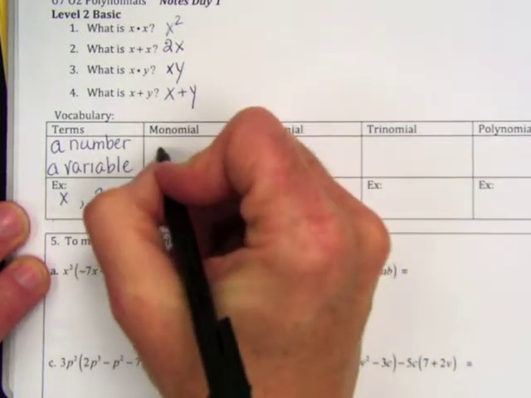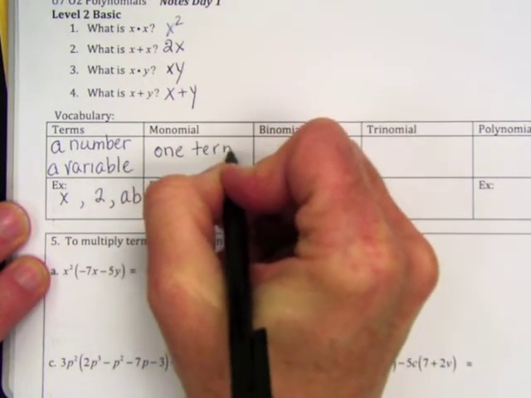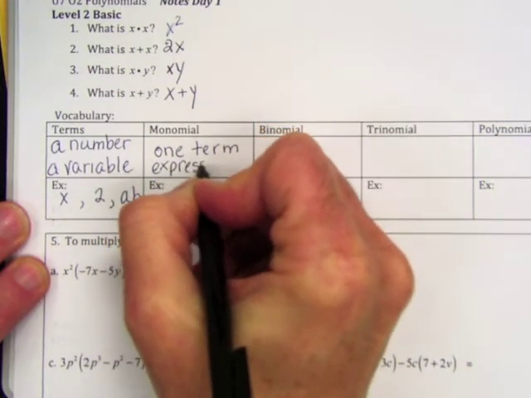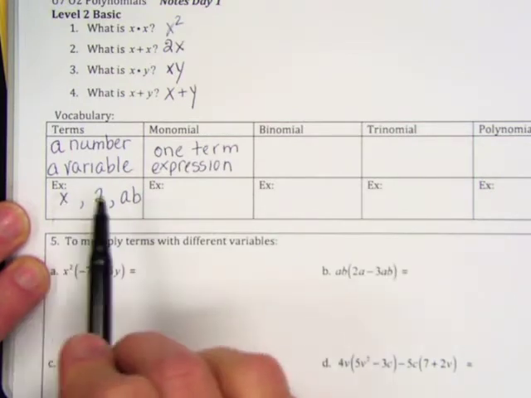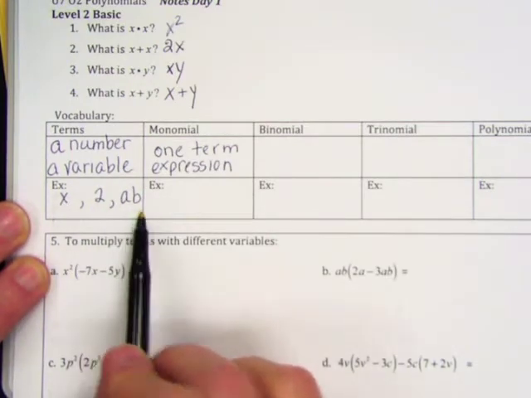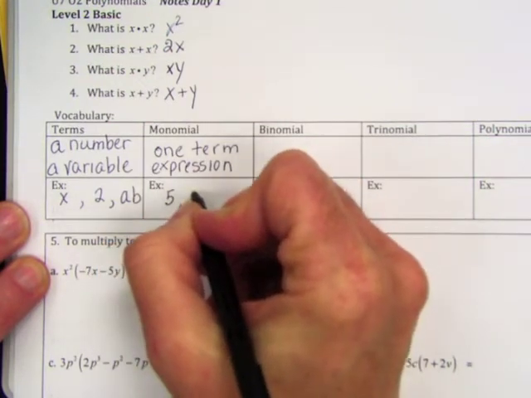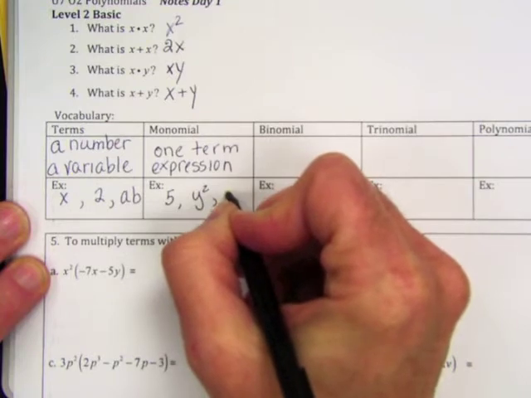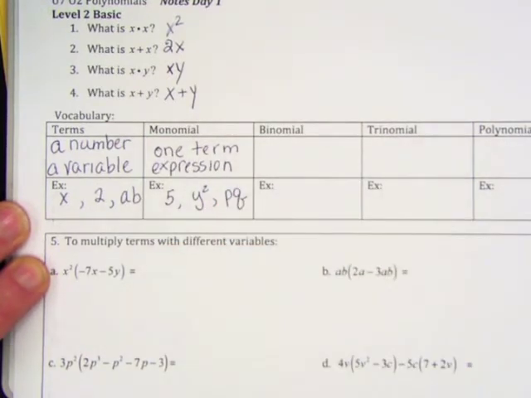A monomial is a one-term expression. So again, these are examples of terms: 5 or y squared or pq. Those are monomials, one term.